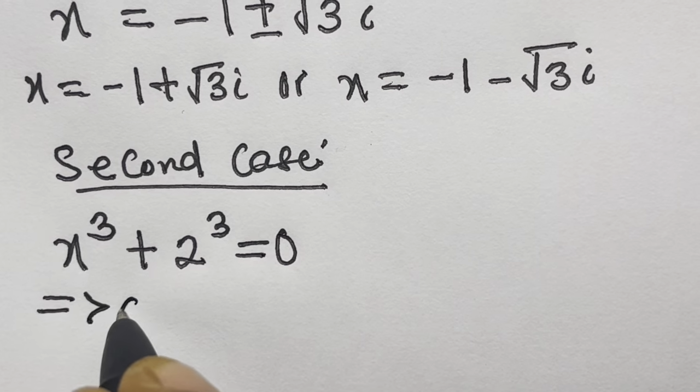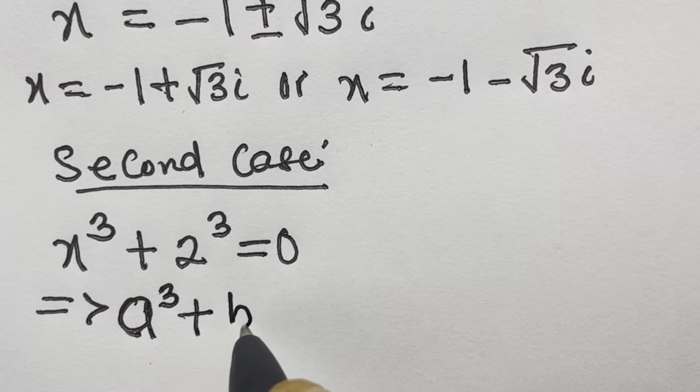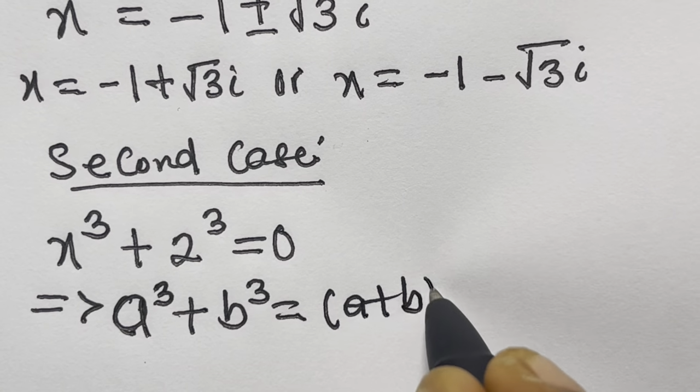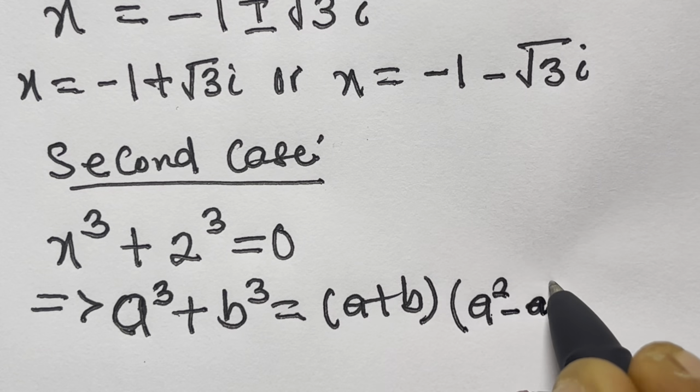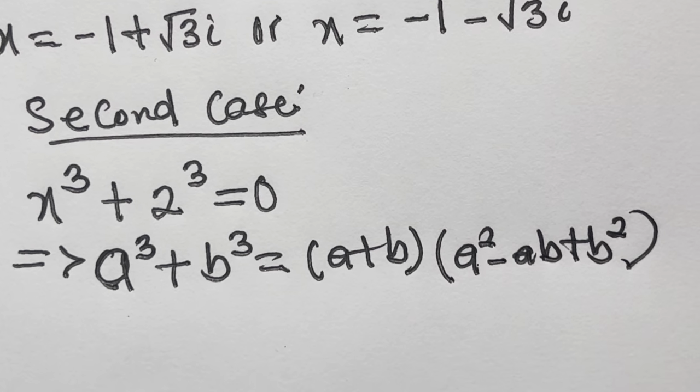Let's remember that wherever we have something like a raised to the power 3 plus b raised to the power 3, this is equal to a plus b multiplied by a squared minus ab plus b squared, right?